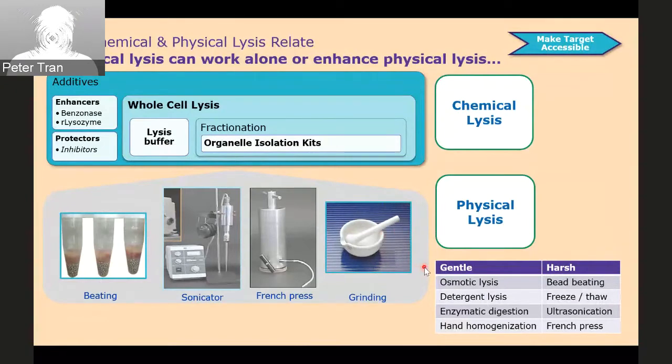For example, osmotic lysis, detergents, enzymatic digestion, or hand homogenization are all gentle methods. And bead beating, freeze-thaw, sonication, and French press are all harsh methods.